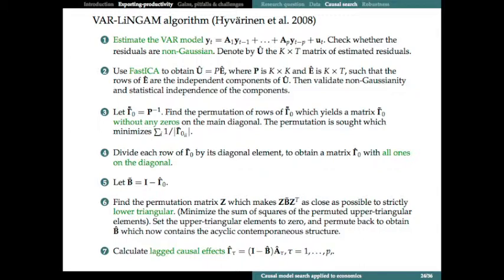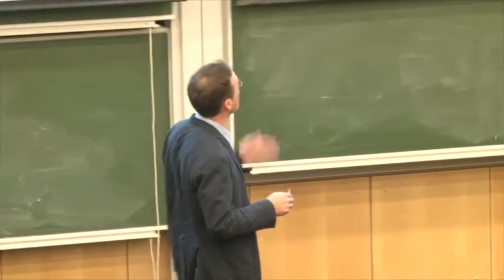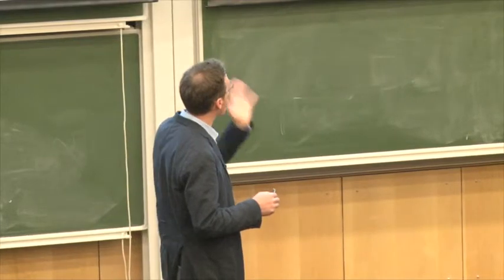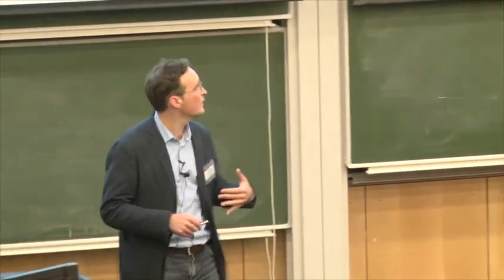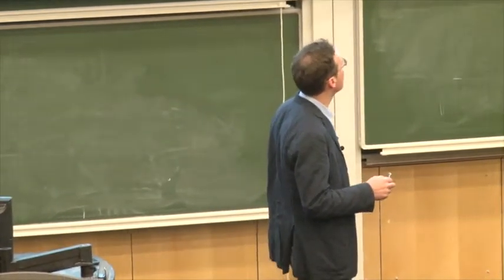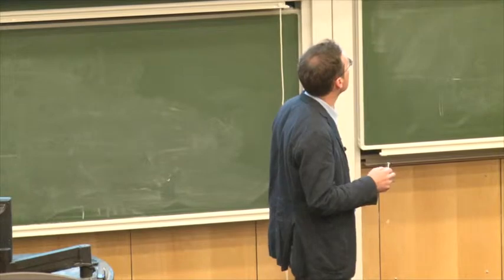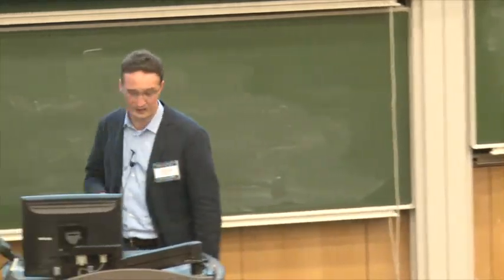So the authors that developed this algorithm do other steps first to find the right permutation of this matrix. You want a permutation of this matrix which has non-zeros on the main diagonal, because you know by assumption that this gamma naught has no zero on the diagonal.